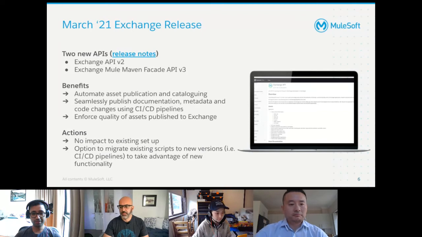Now, the good news is that there's no impact to existing setups. However, you do have the option of adopting these new features and new APIs if you're already using them in your CI/CD pipelines. So if it's something that you've configured in the past, worth checking if you're using it in the best way. And if you haven't done it till now, then worth checking out the release notes to see what it's capable of.